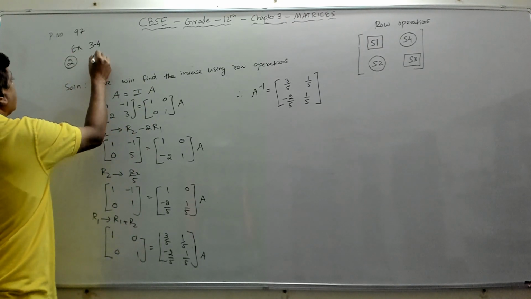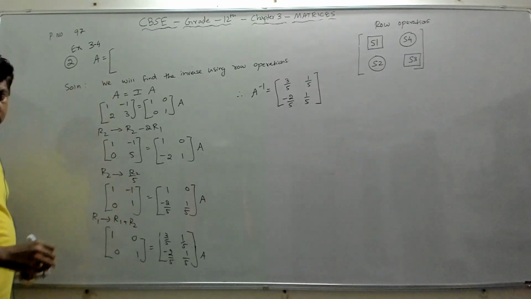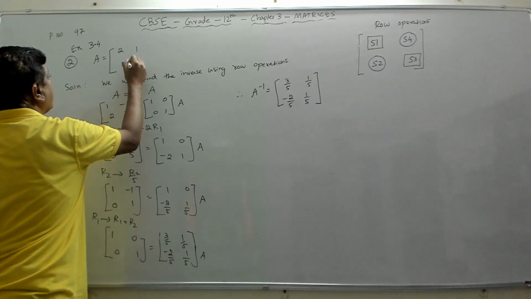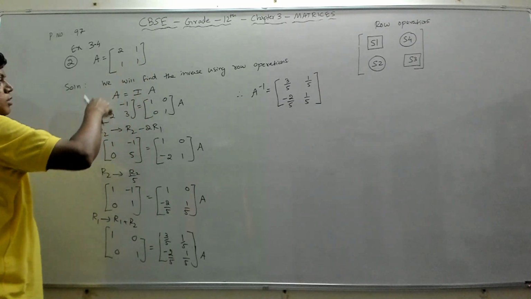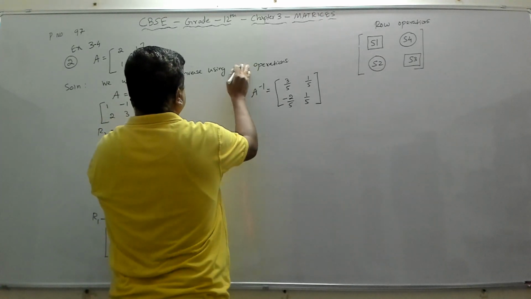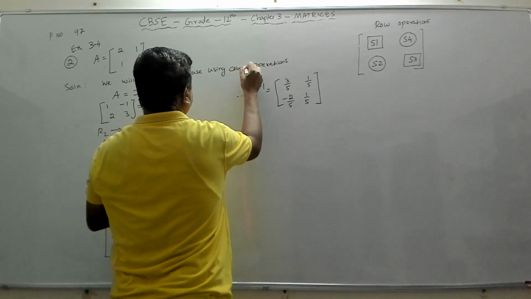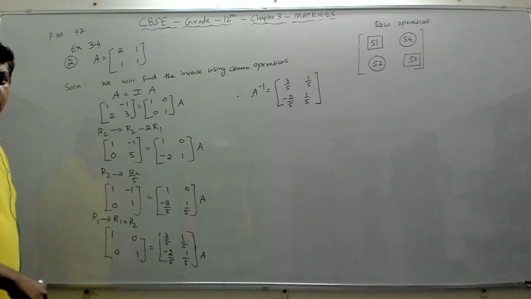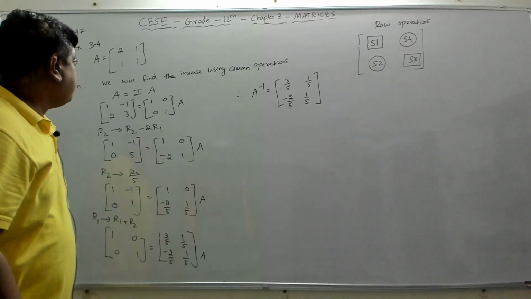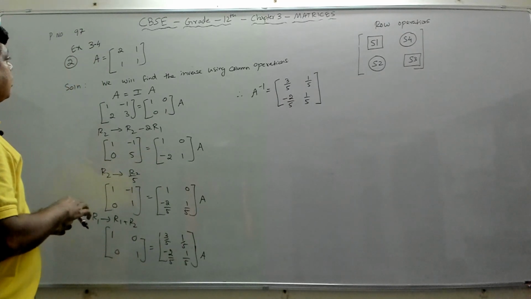Second problem, the matrix A equal to 2 1 1 1. So 2 1 1 1. To find the inverse of this matrix, I will do this using column operations. One I did with the row operation. Now I'll do it with the column operation so that it becomes easy for you to understand.